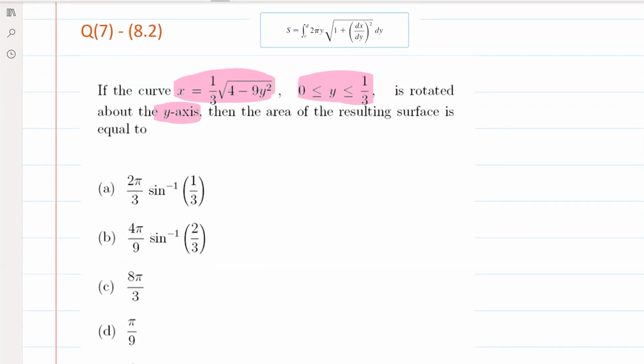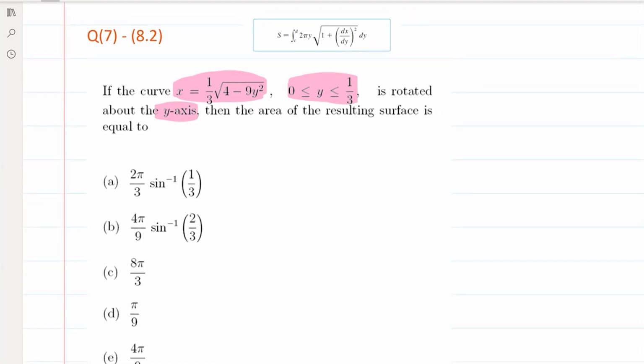This is the rule. If the revolution is about y, it will be dy. About the y-axis, the integral will be dy. About the x-axis or anything parallel to x, it will be dx. So solve this question.